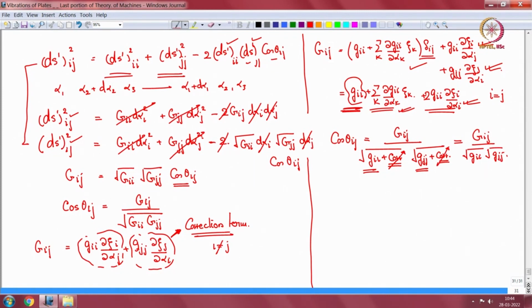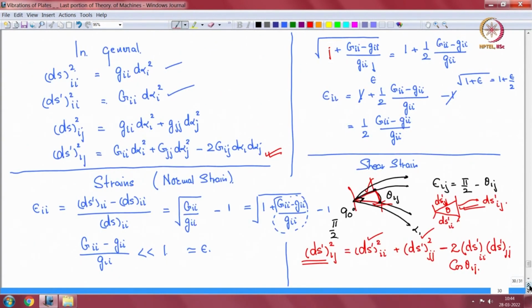Then theta ij, if you remember, epsilon ij is pi by 2 minus theta ij.